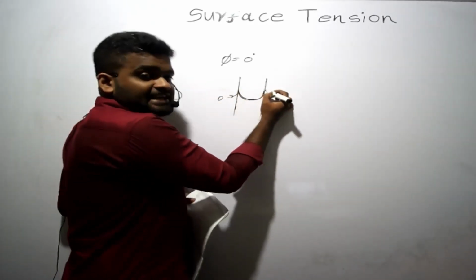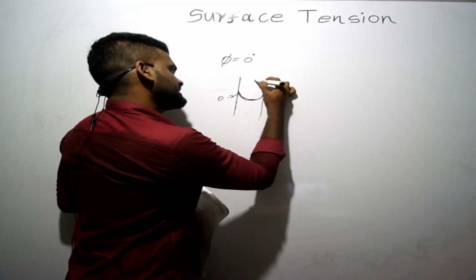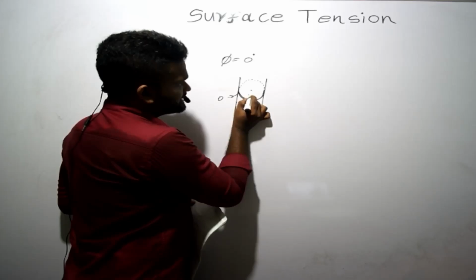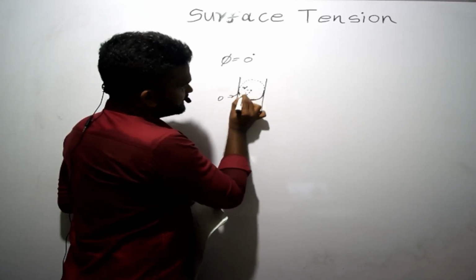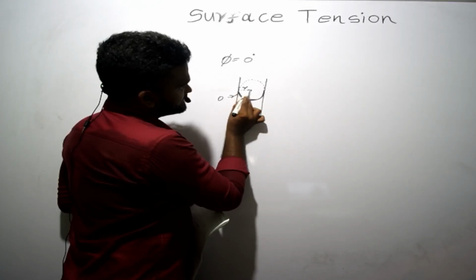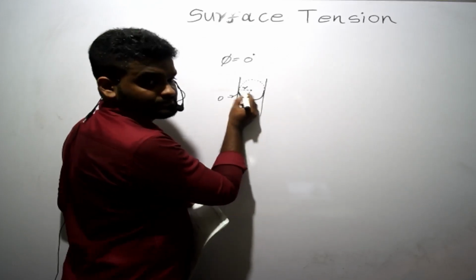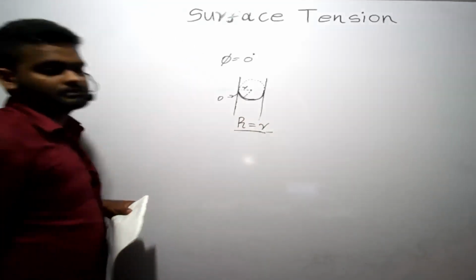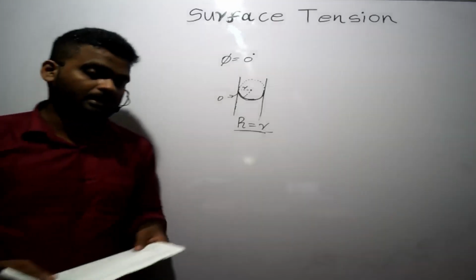So if you extend this, it becomes like this, completely inside the tube. And if we consider the radius of the meniscus, you can see the capital R and simple r are equal. Understood? Write it down. Draw it and write capital R equals simple r.